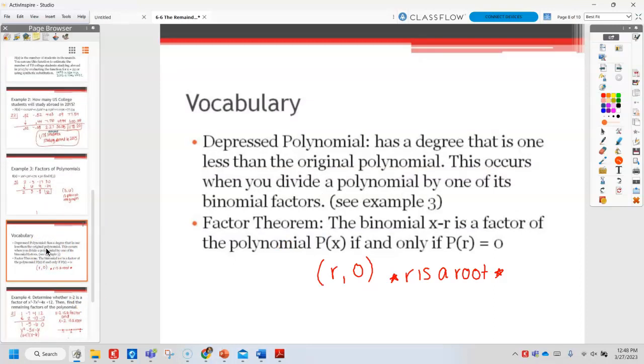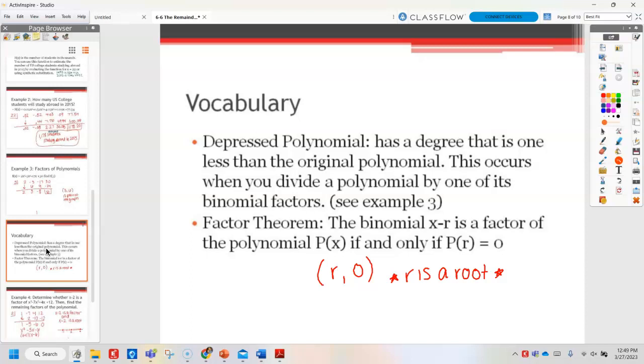A depressed polynomial is, like I said, a polynomial that has a degree that is one less than the original. It occurs through division. And then the factor theorem.